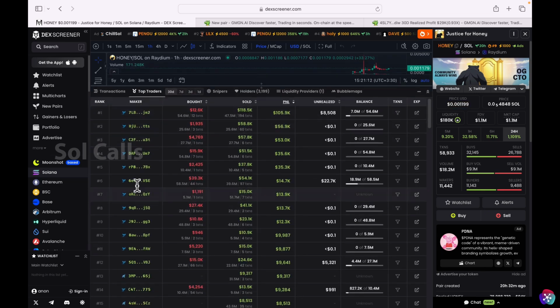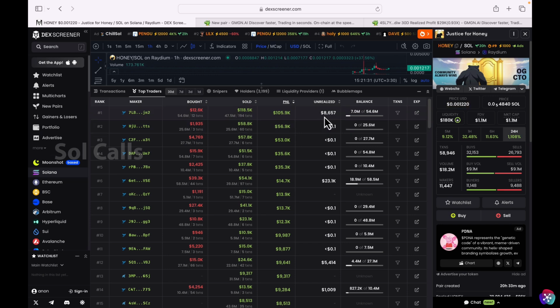Makers, you can see their wallet address, the amounts they bought, and the amounts they sold. P&L means their profits, how much profit they gained from this trade. Unrealized means they haven't sold those tokens yet.